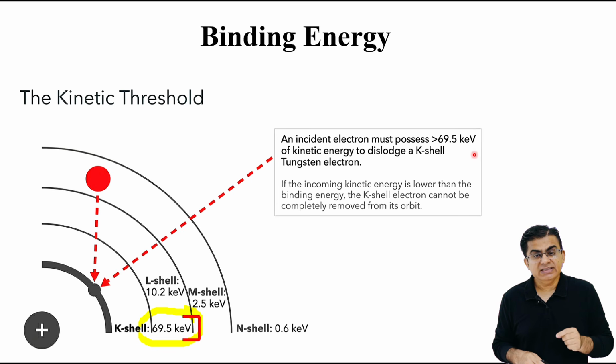That means at least 69.5 keV. If your X-ray tube machine is set to a lower energy, this inner electron simply will not be dislodged from its atom.